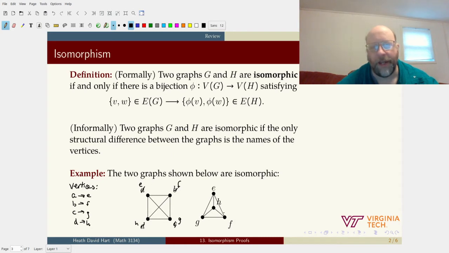EF is an edge, EF is an edge, EG, EG, EH, EH, and so on and so forth.